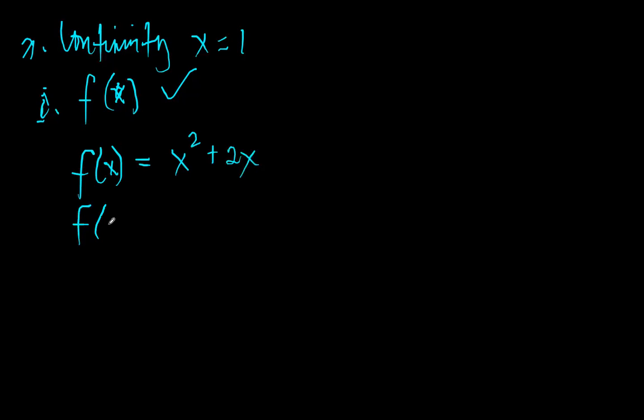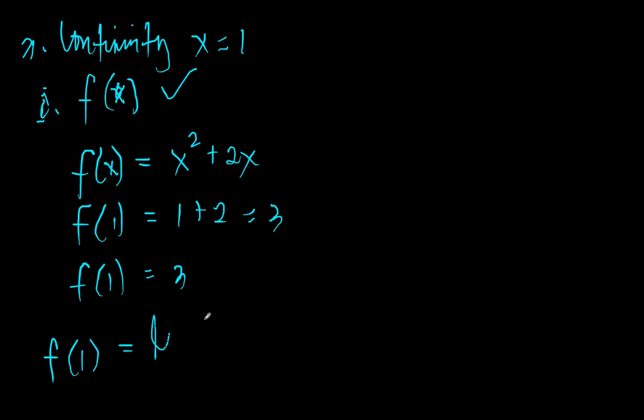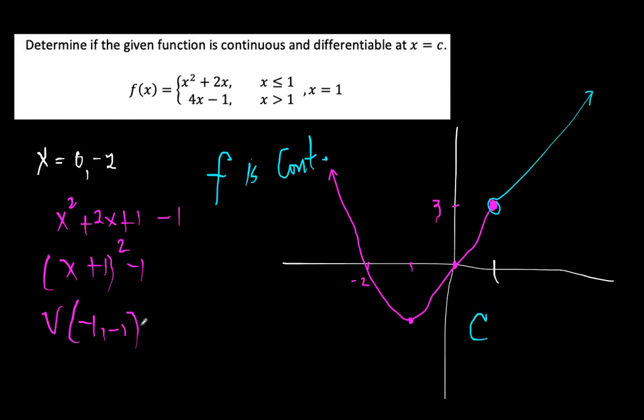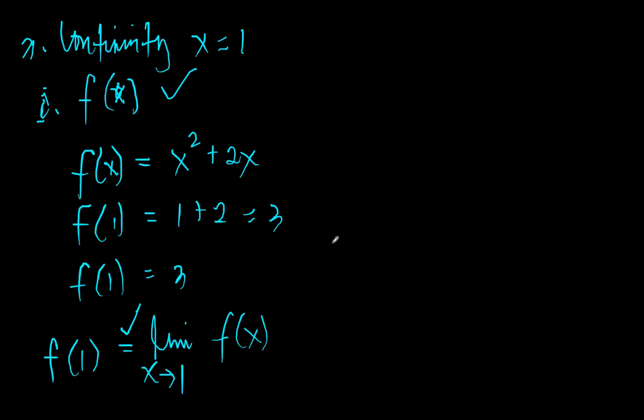So f of 1 is equal to 1 plus 2, and it's equal to 3. So therefore, f of 1 is equal to 3. And again, we need to show that f of 1 is equal to the limit of f of x as x approaches 1. If we have shown this, then it is continuous, correct? But we said that, yeah, it is continuous. So therefore, this must be true.